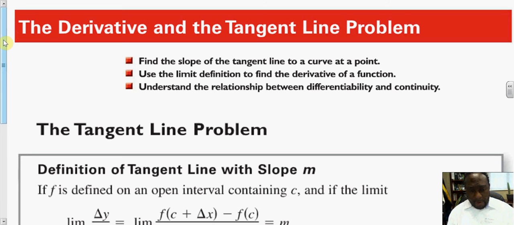And if the curve shifts, then obviously the so-called slope of the tangent would change as well.